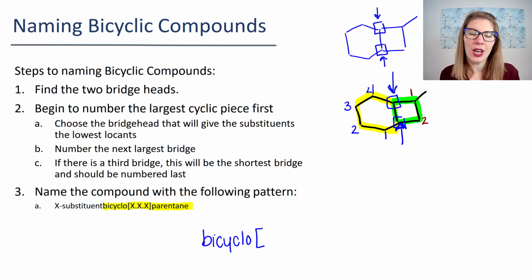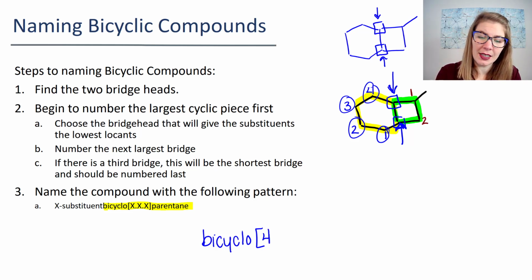The yellow bridge has 4 carbons in it. Notice how we're not counting the bridgehead carbons. So the yellow bridge, if you start at the bridgehead, the next carbon that's part of that bridge is carbon number 1. There's 1, 2, 3, 4 carbons in that bridge before you reach another bridgehead.